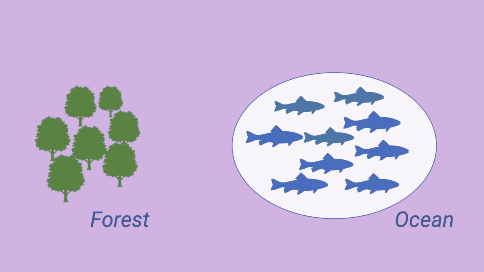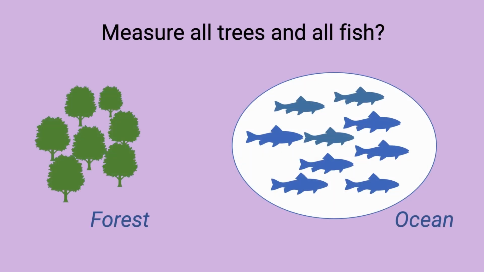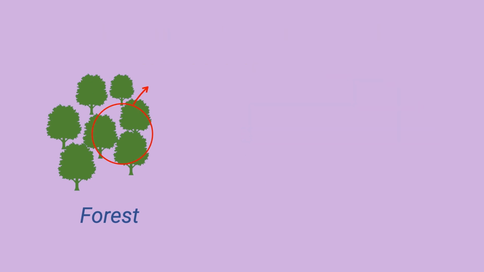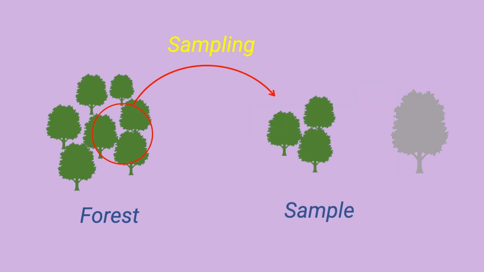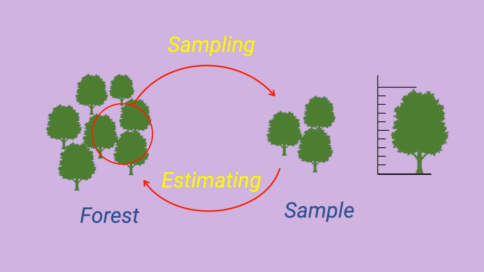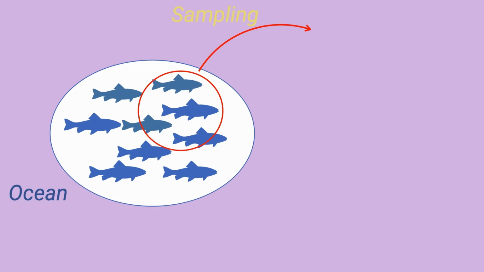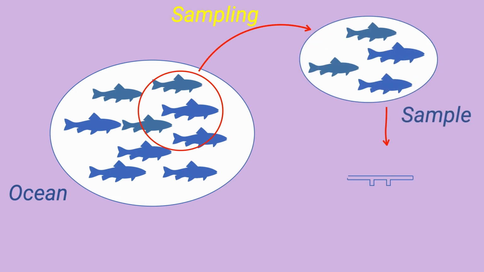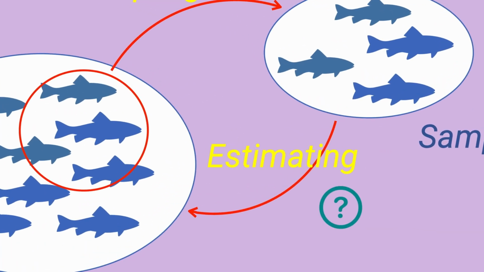Are we going to get the height of all the trees and the weight of all the fish? It's impossible. In practice, we collect the heights of a group of the trees and the weights of a number of the fish, and then we estimate the mean of the height of the trees and the weight of the fish. How can we estimate the fish weight from a sample?